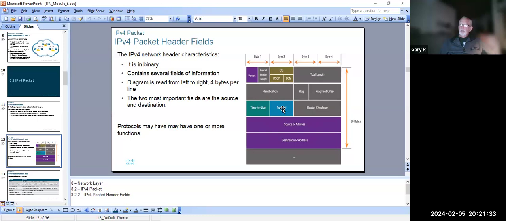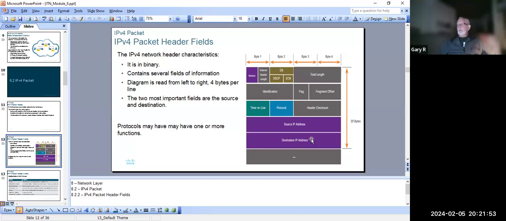When it is then encapsulated at the other end, when the receiver reads this protocol field as being TCP, it will hand the data that came in up to TCP. So the protocol field is very important.